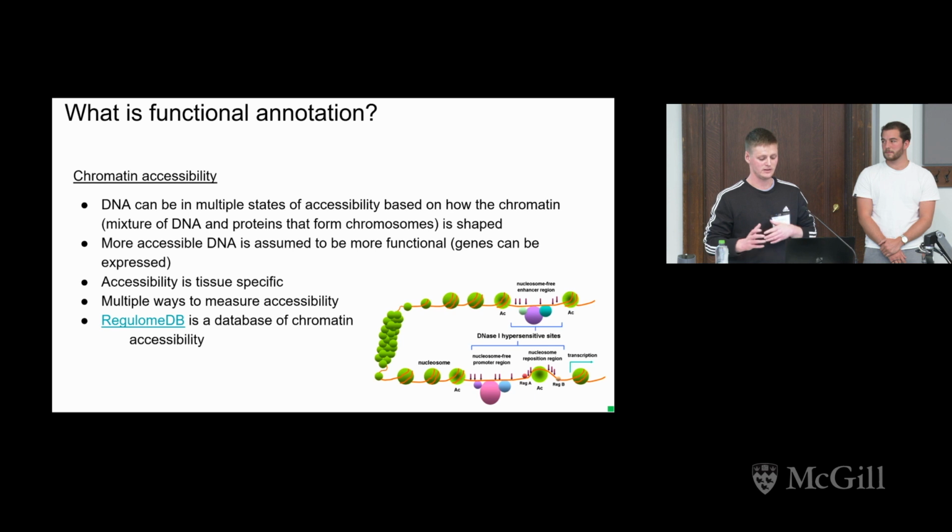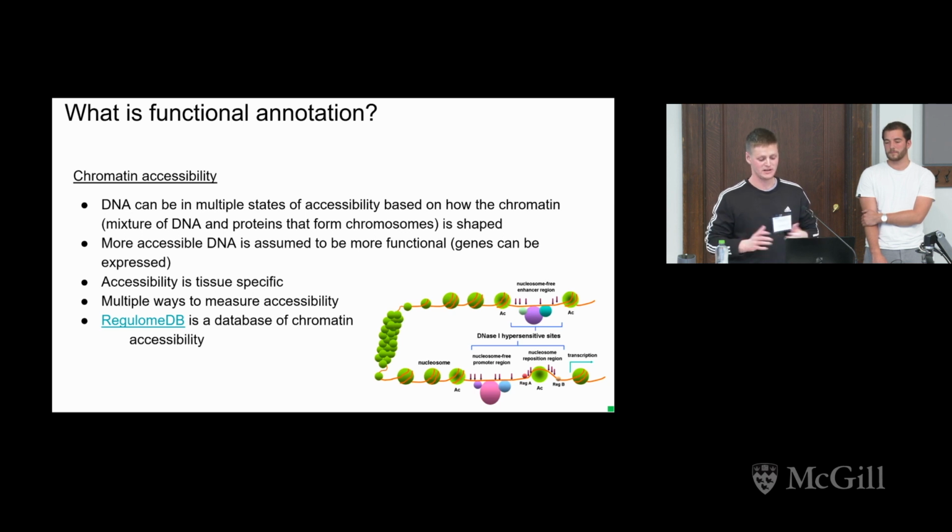And you can assume, or they do assume, that if something is more tightly wound and less accessible, then it's probably not being read or expressed. And this is tissue specific. So you can look at your trait and find, are there regions of chromatin accessibility in your GWAS locus, and is that specific to a tissue where you would expect that to be for your phenotype?